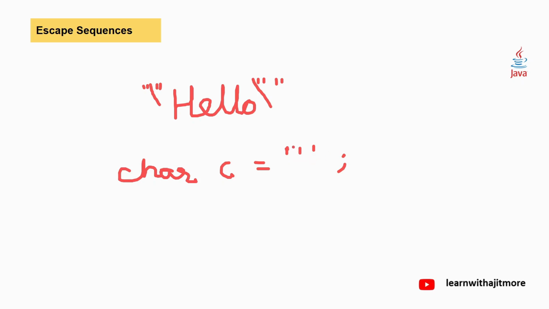So what you have to do, you have to put a backslash before the middle one. When you put a backslash before the middle one, the compiler will ignore its meaning. What is its meaning? Start of a character literal. So now it will not treat it as the start of a character literal. It will treat it as it is, single quote as single quote.